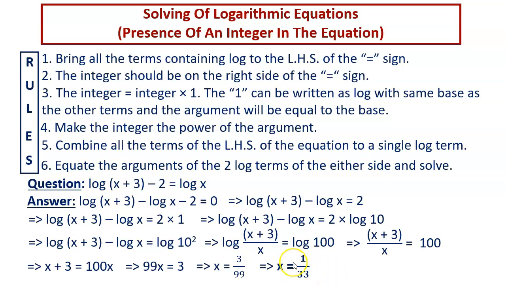Let us see whether we can take this value of x. 1 over 33 plus 3 will be a positive number. 3 and 1 over 33, that is 100 over 33. It is a positive argument, so it can be taken. Even in log of x, 1 over 33 is a positive number greater than 0. So this value of x can be taken as our answer for this logarithmic equation.